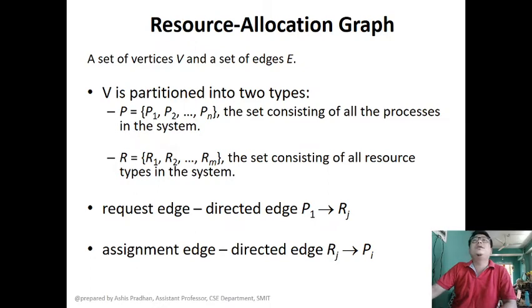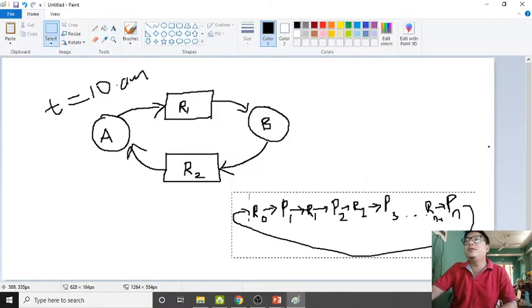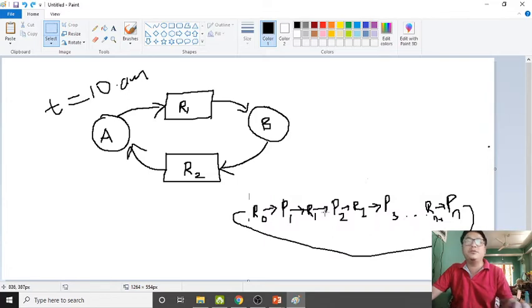So in the graph we are going to use vertices, and there are two different kinds of vertices. One is P, which stands for process, and another is resource R. While drawing a graph we are going to follow certain notation.